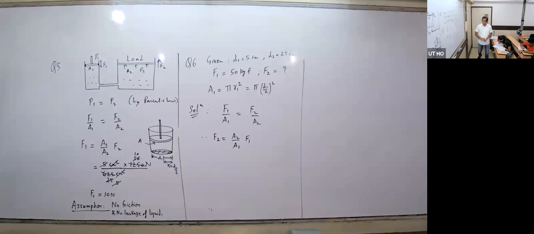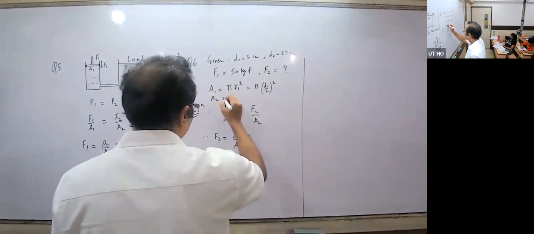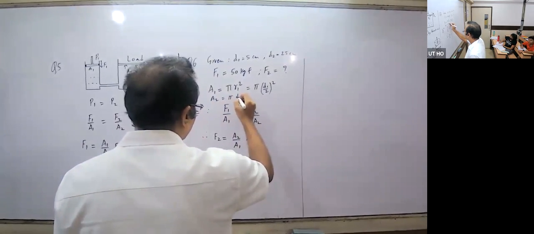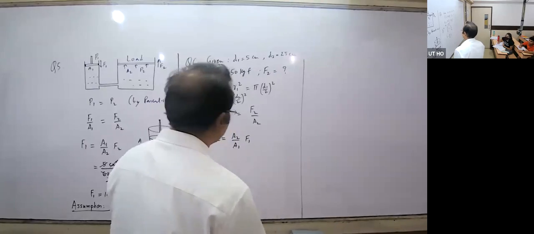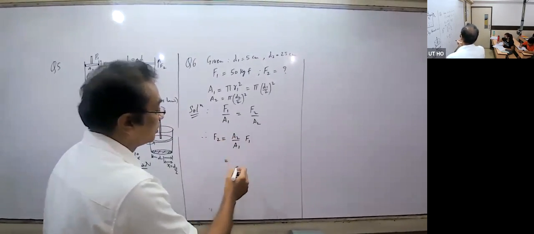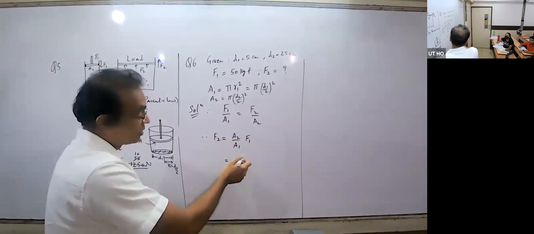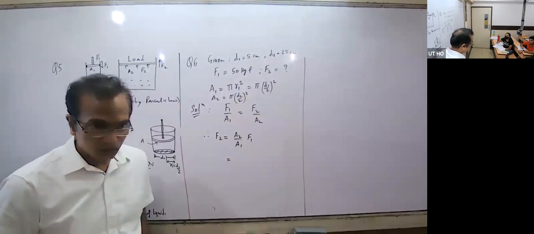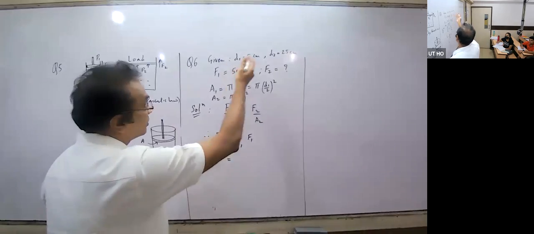And what was A2? Similarly, A2 will be equal to pi times D2 upon 2 whole square. So take the ratio. Whenever the ratio of two quantities is being taken, you need not convert into SI units because the units cancel. So you can use the same values.